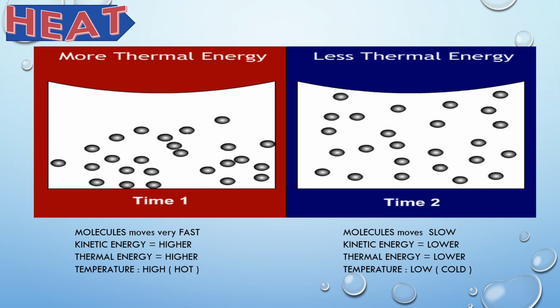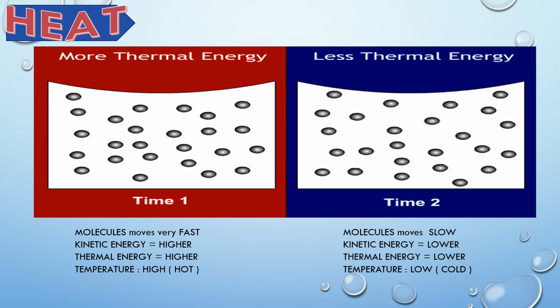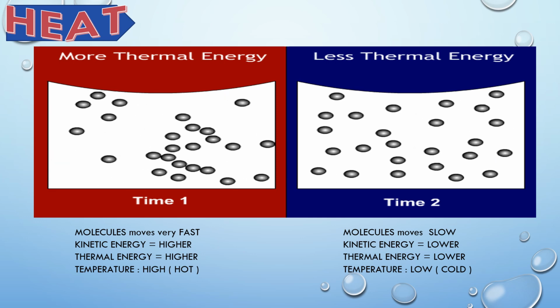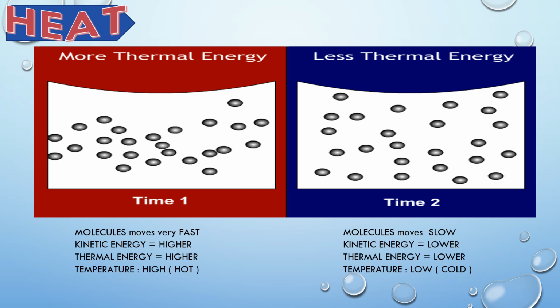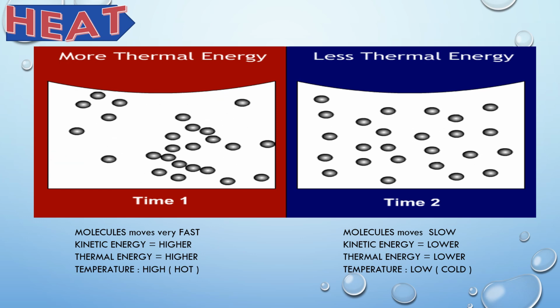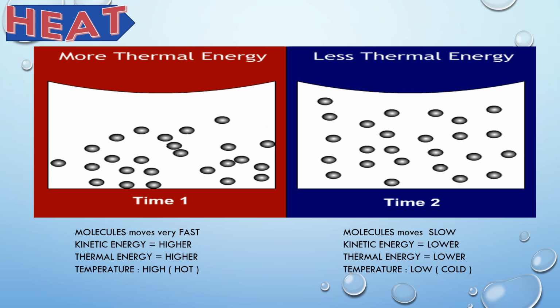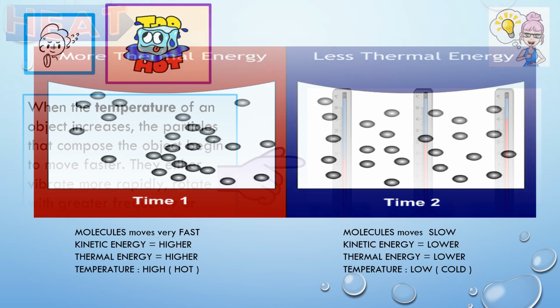So, our kinetic energy is lower, our temperature is lower, thermal energy is lower also, so therefore our temperature is low or slightly cold, malamig. Okay? So, if you notice, kapag mabilis ang molecule, mainit. Kapag medyo slow ang movement ng molecule, ang object na yun is malamig.